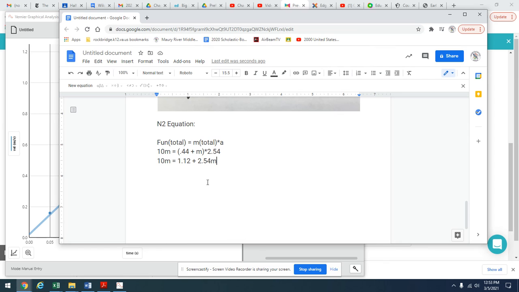And then more basic algebra. Subtract this over the other side, which is going to give me 7.46 m. Right, that's just 10 minus 2.54 is equal to 1.12.